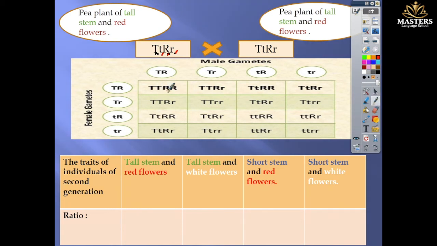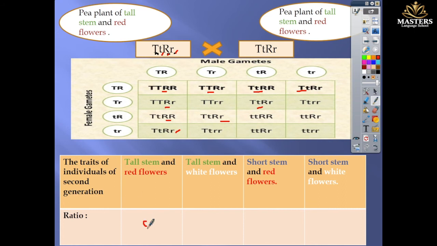C capital, R capital: 1, 2, 3, 4; no; 5; no; 6, 7, 8; no; 9.